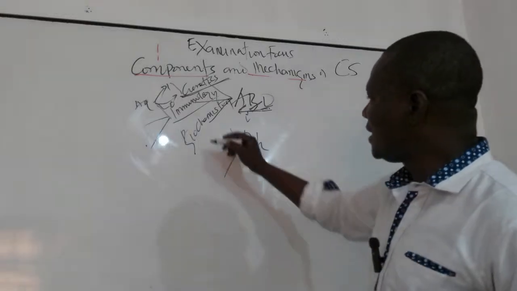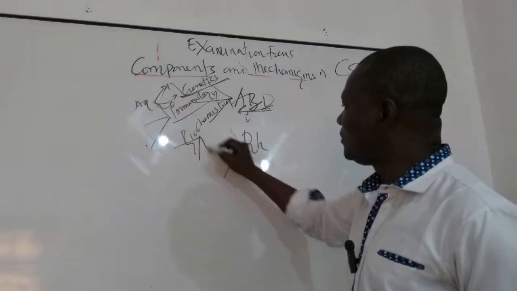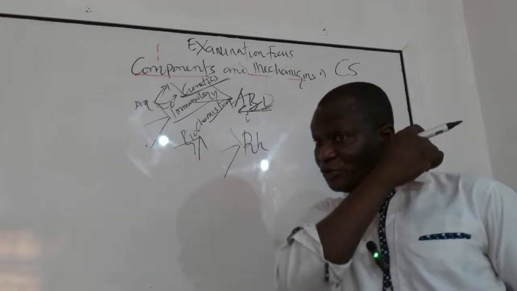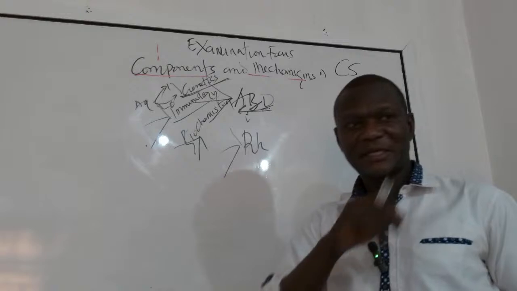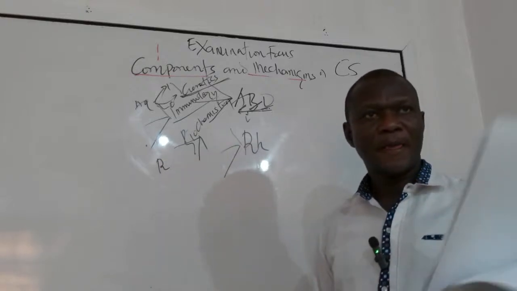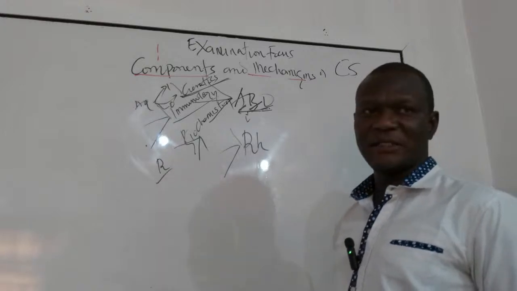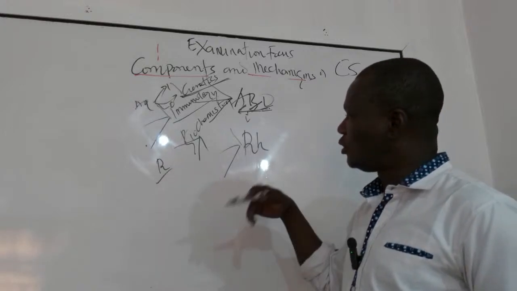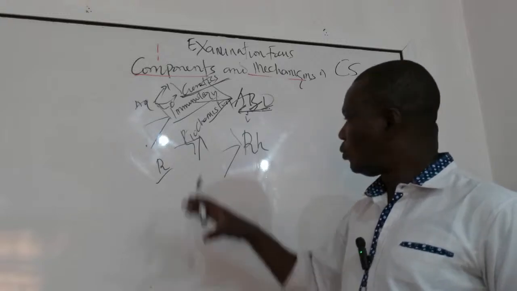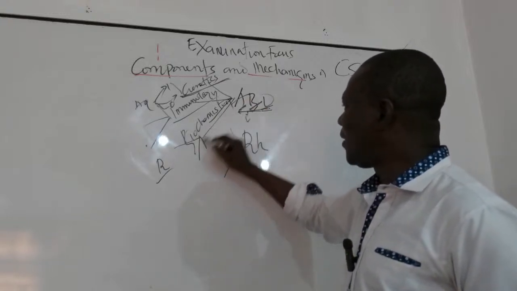What's that? Then biochemistry. Biochemistry is what is going to let us know the types of sugar or carbohydrates that we have on it. Somebody who is blood group A, what sugar does the person have? Somebody with blood group AB, blood group B, blood group O, what is the biochemistry?